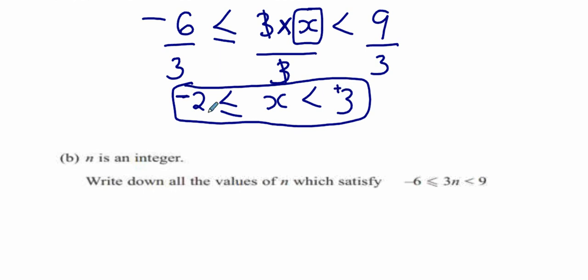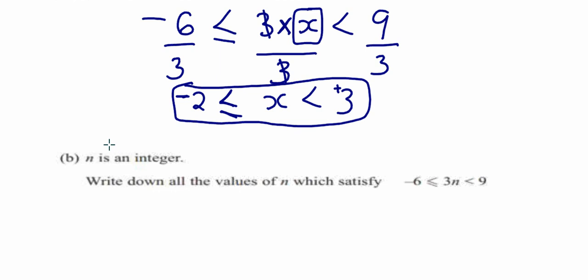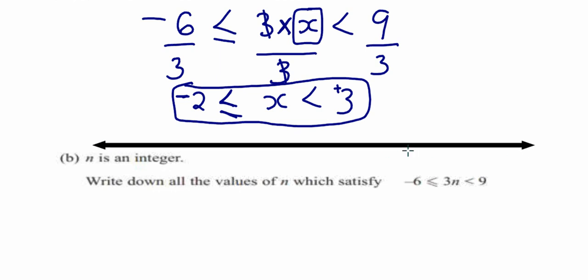So we draw a number line, and put all those numbers which are between negative 2 and 3.